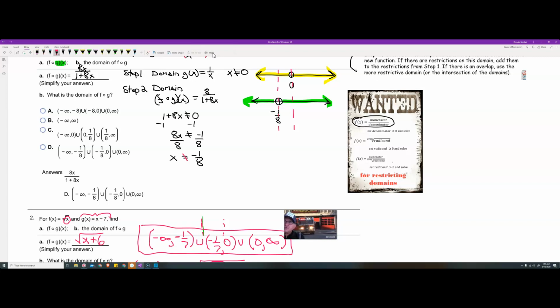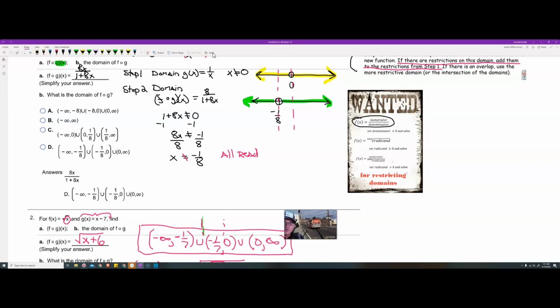Now, what my instructions say here is, if there are restrictions on this domain, add them to the restrictions for step 1. So there's the restrictions for 1, and here's the restriction for the composite. Now really all this means, guys, is the domain of this would be all real numbers except the two that cause a problem.